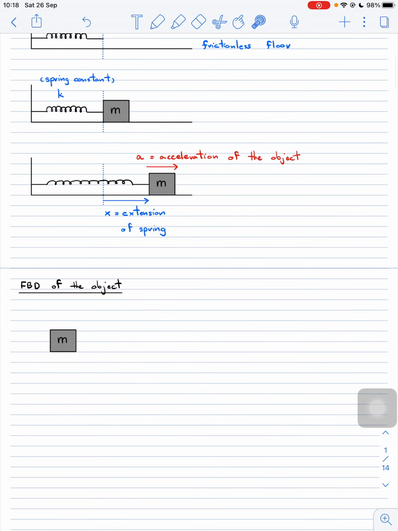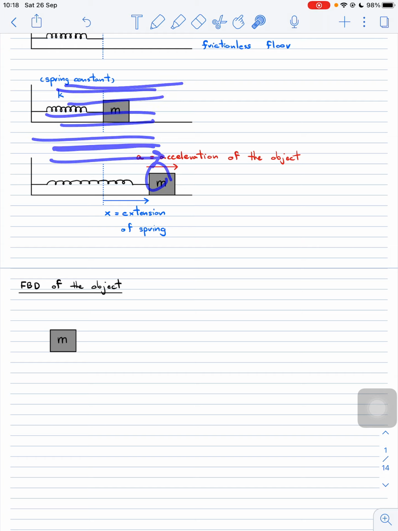Then if we pull the block M to the right-hand side, so that the block is at this position, the extension of the spring is equal to x. If we release it, you can see from the previous website that the block M will just oscillate back and forth forever.